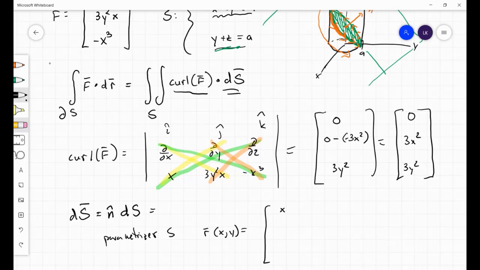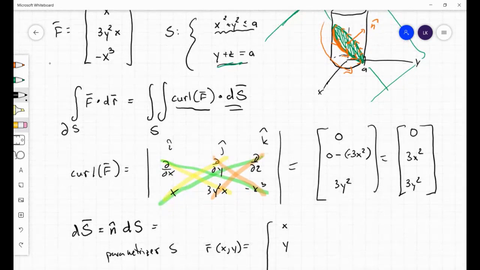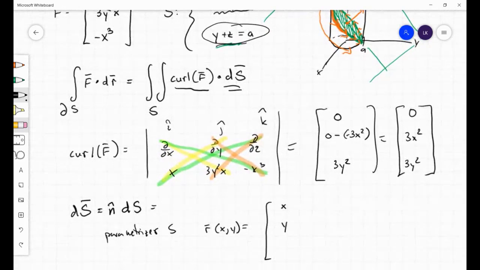So x and y just be themselves. But if you look at this plane, we see that z would have to equal a minus y. And the parameter space would just be that disk of radius a.